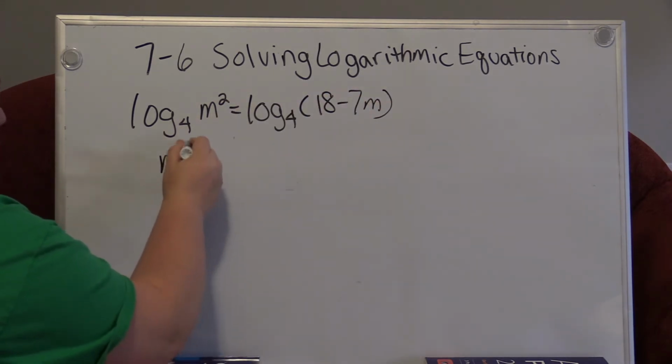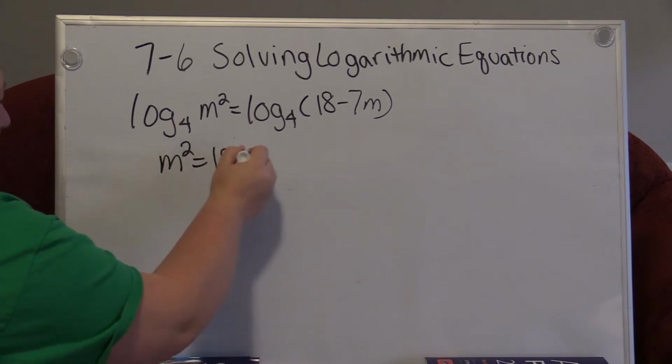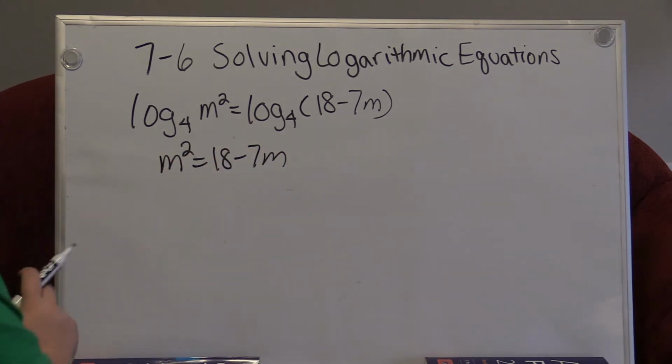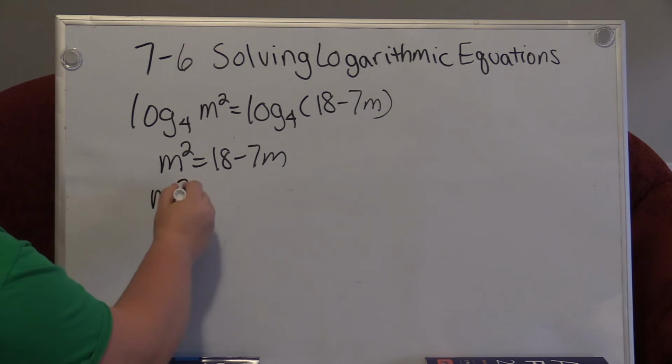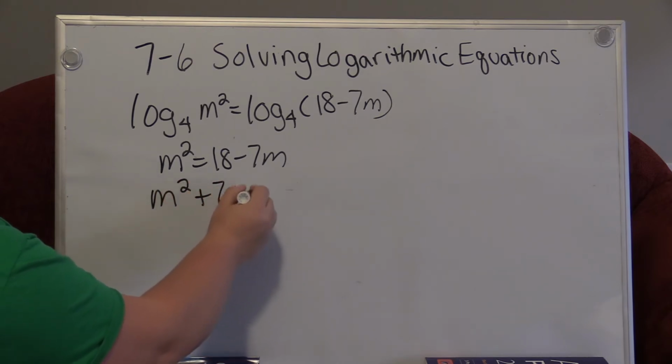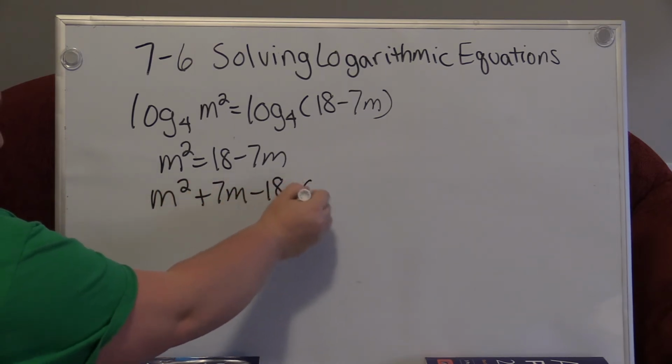So m squared equals 18 minus 7m. Now we have a quadratic here, so we have to put it in standard form before we factor. So m squared plus 7m minus 18 equals 0.